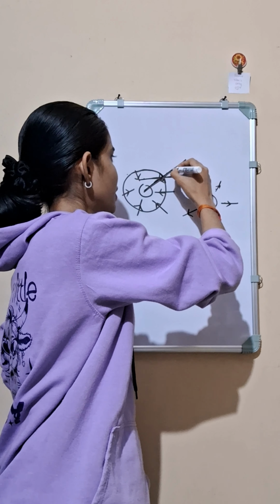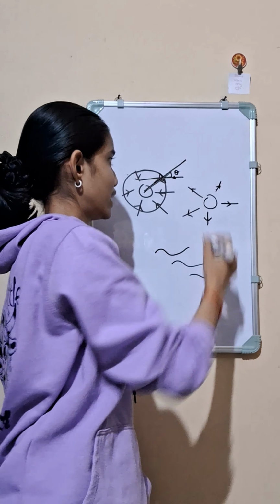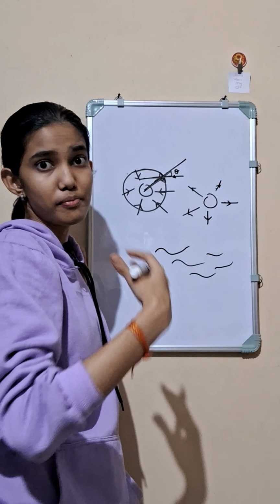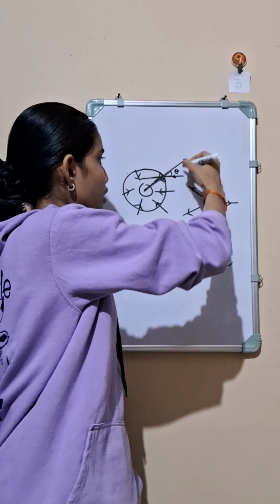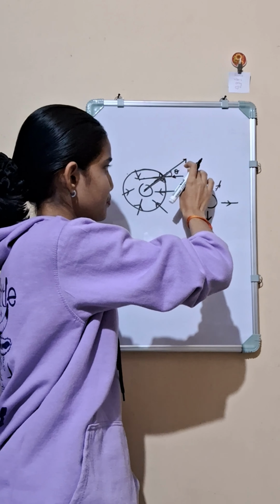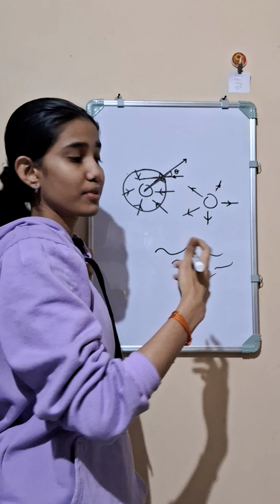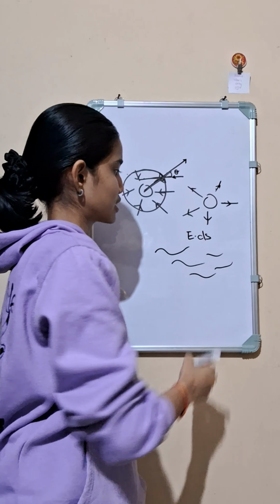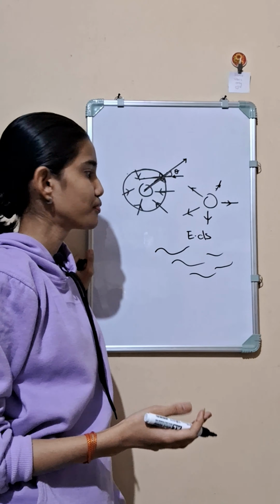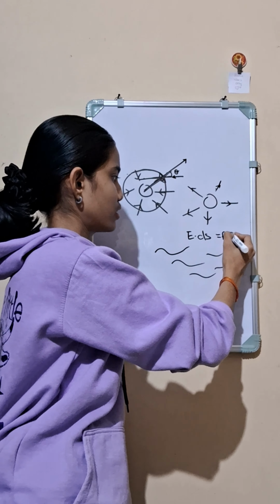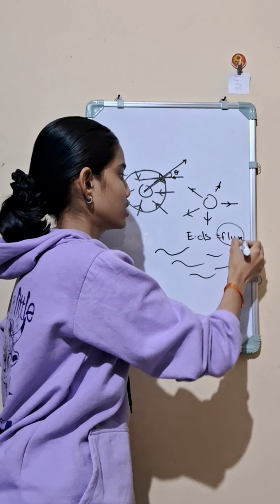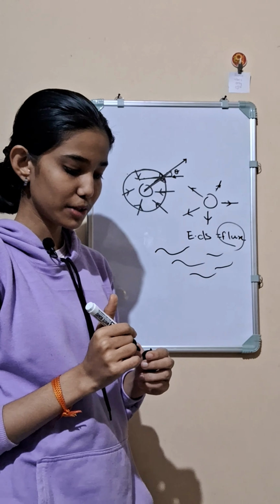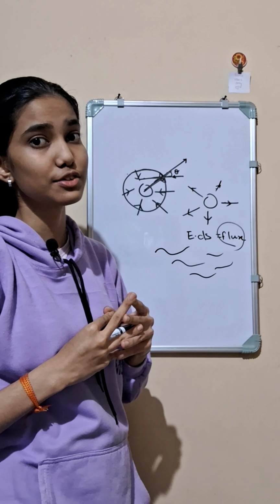So if it is making an angle theta with the area vector of the surface, then we can say that this is E dot dS. The field dot the surface vector will be equal to the flux. The new word is flux. So the amount, the intensity of the field perpendicular to the surface is known as flux.